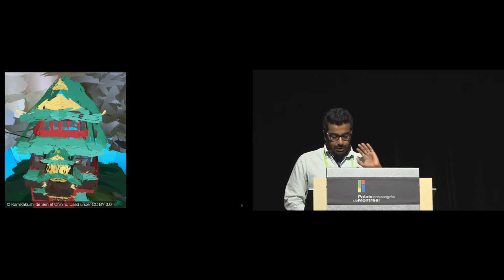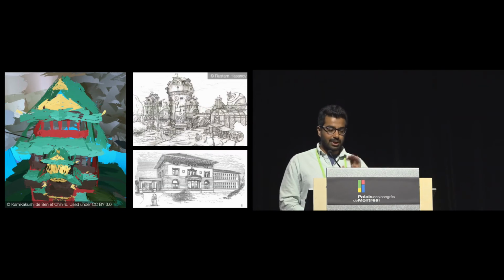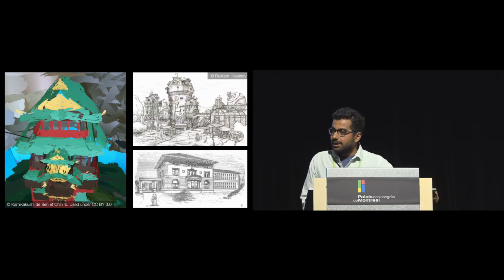So let's look at some 2D sketches to understand what's potentially missing here. If you look at these 2D sketches, again of architectural drawings, you can see that they have many more small details, very expressive textures and patterns that the artists have been able to draw. And that just makes these sketches much more personalized or much more expressive for the artist.